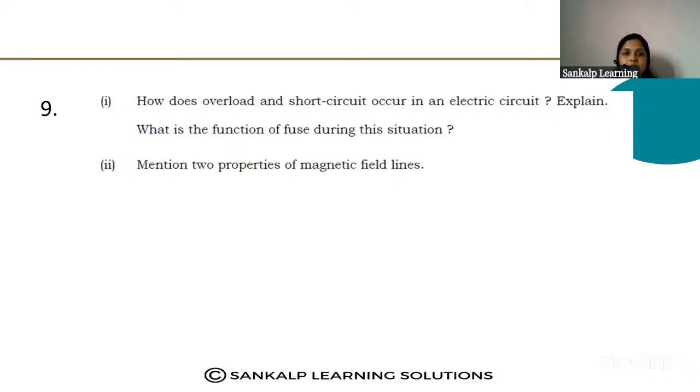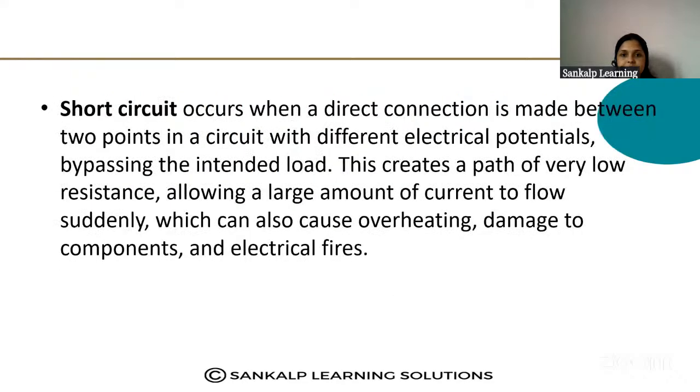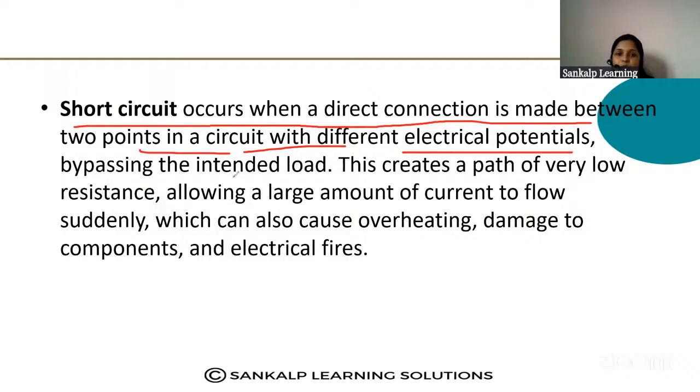Then, what is a short circuit? A short circuit occurs when a direct connection is made between two points in a circuit with different electrical potentials, bypassing the intended load.